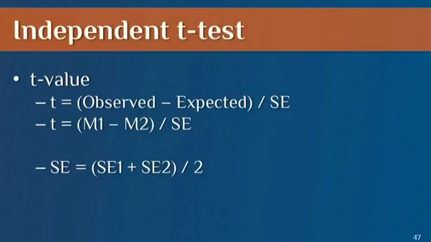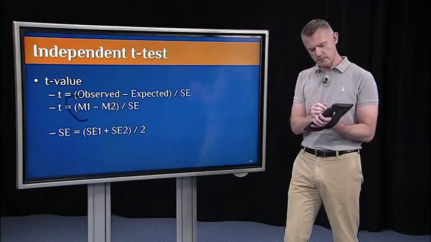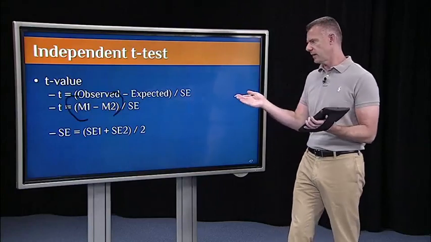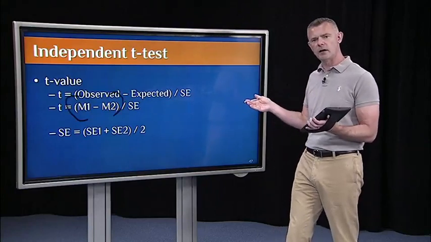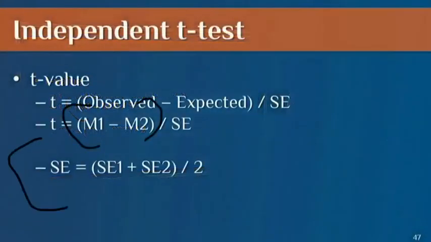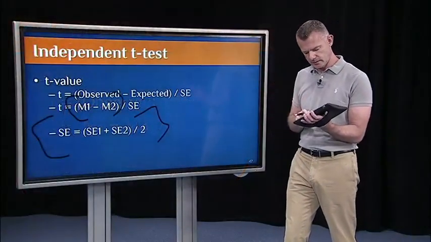So it's simply what we observed, the difference between mean 1 and mean 2, relative to what we would expect due to chance. And that's standard error. But here it's standard error of the mean differences. So the formula is a little different down here. It's standard error for group 1 plus standard error for group 2 divided by 2. So it's slightly different math, same exact concept as the dependent t.